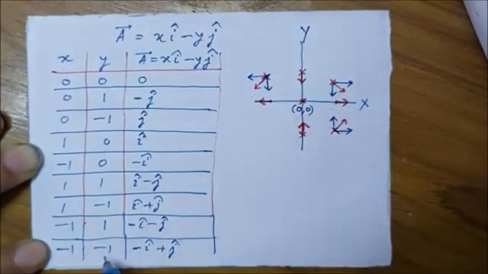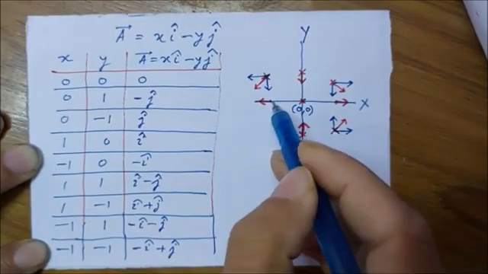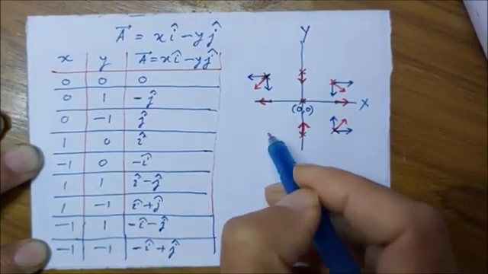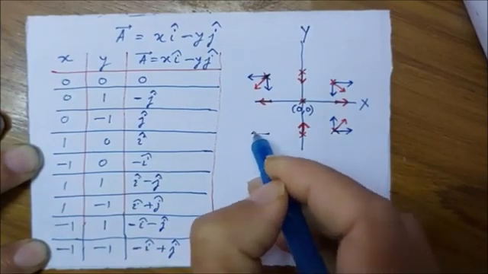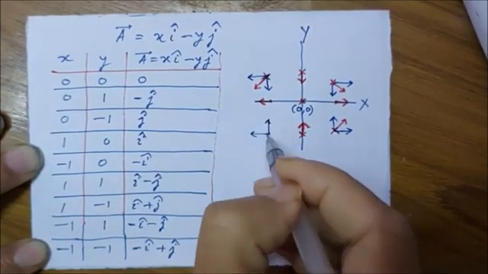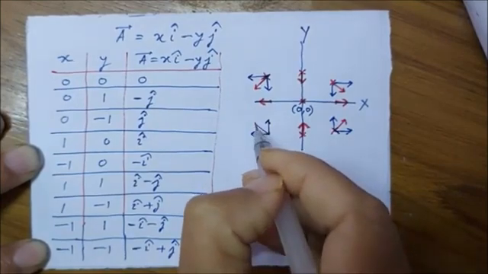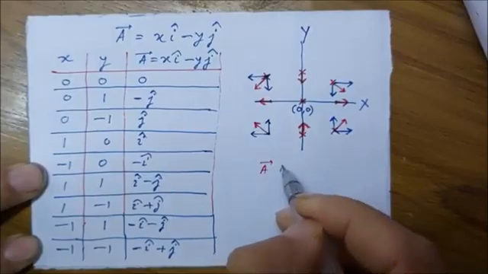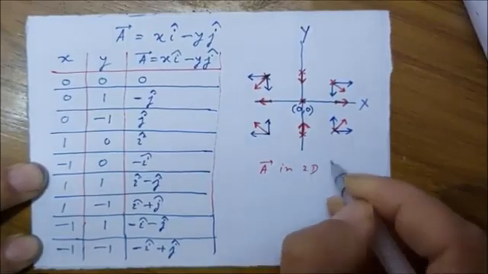At minus 1, minus 1, it is minus i cap plus j cap. x is minus 1, y is minus 1, so we are here. This is minus i cap and this is j cap. So vector A is along this direction. This is vector A in 2D plane.